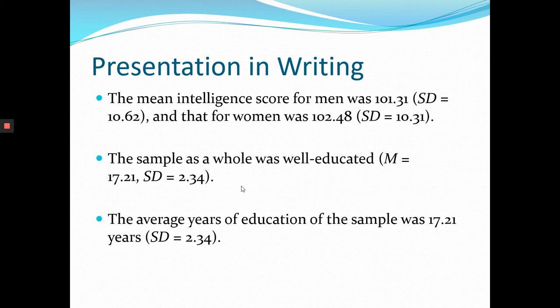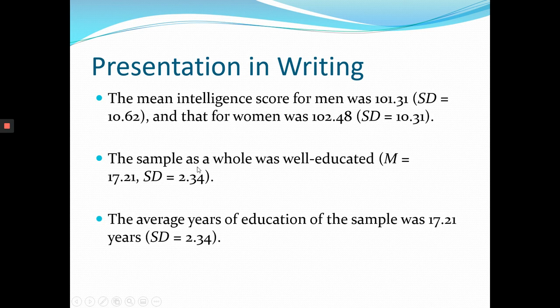So here's another example of using mean and standard deviation. If we were looking at, for example, the variable of education, you might just describe our whole sample. Our sample as a whole was well educated. The mean number of years in school was 17.21 with a standard deviation of 2.34. By the way, why do we use standard deviation?